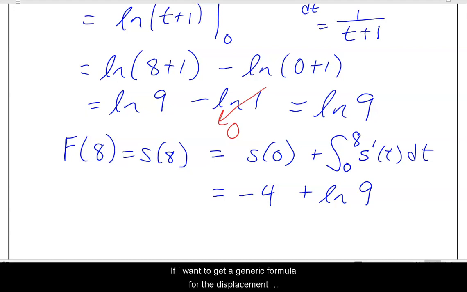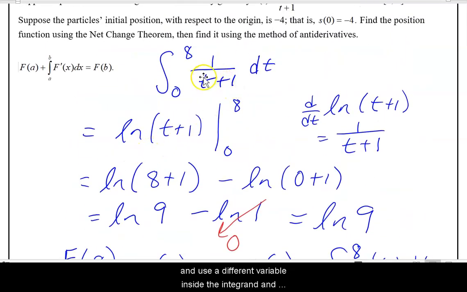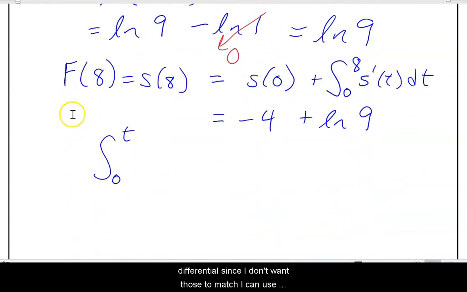If I want to get a generic formula for the displacement, instead of integrating to 8, I could instead integrate to t, as we did previously. If I integrated from 0 to t, then I need to use a different variable inside the integrand and differential, since I don't want those to match. I can use anything I want, and this time I think I'll use a star.